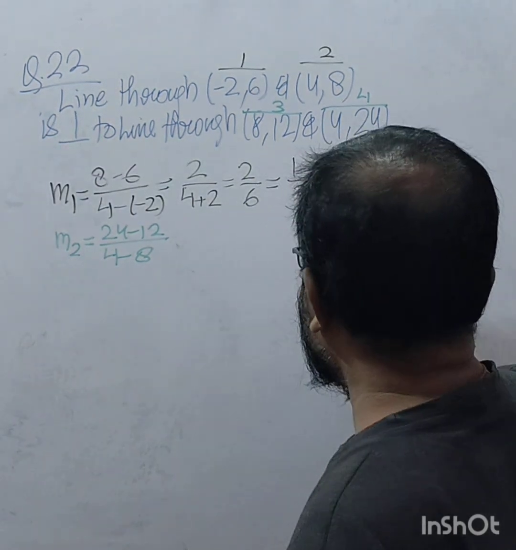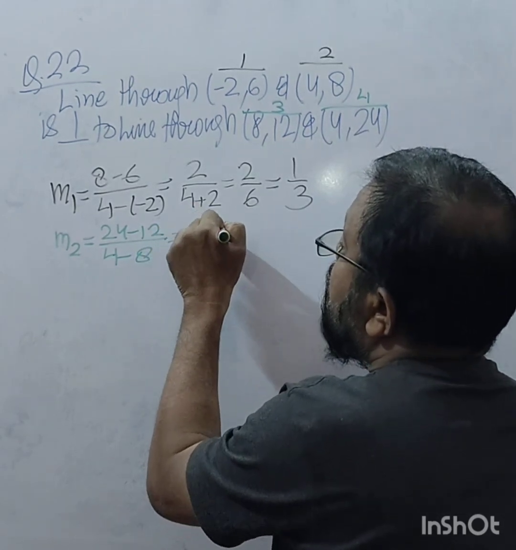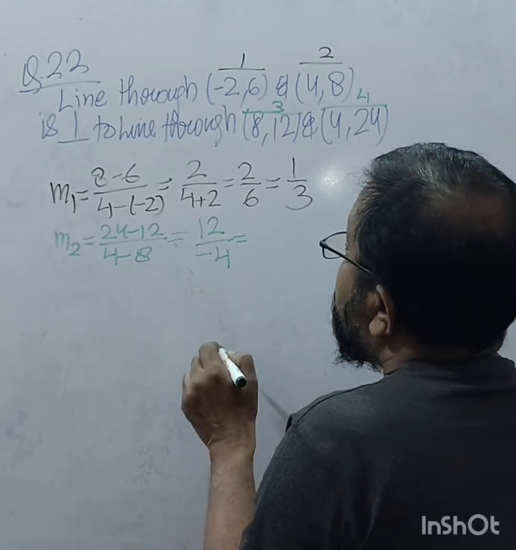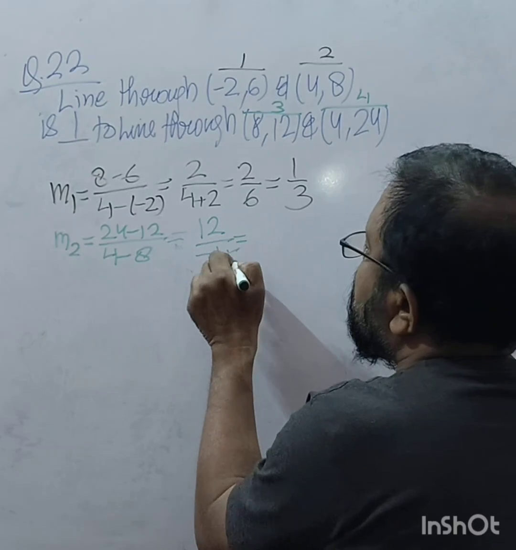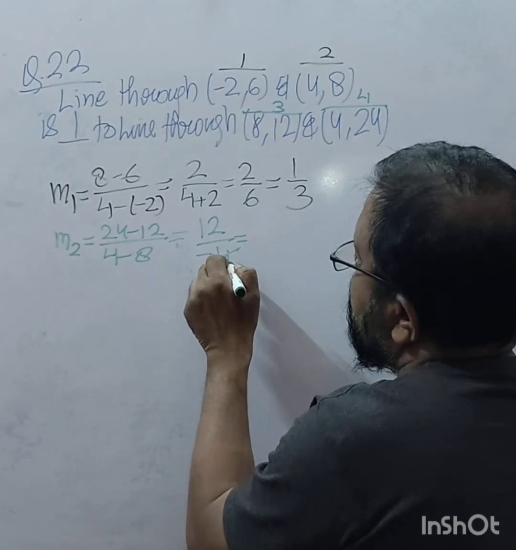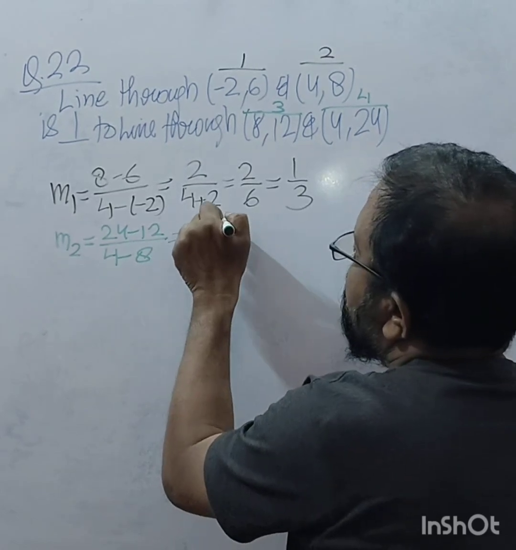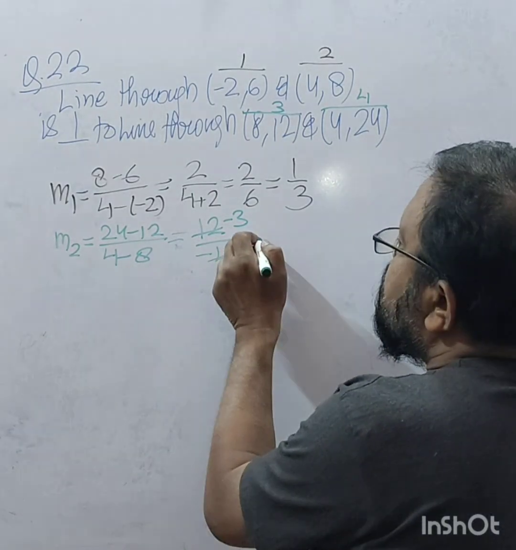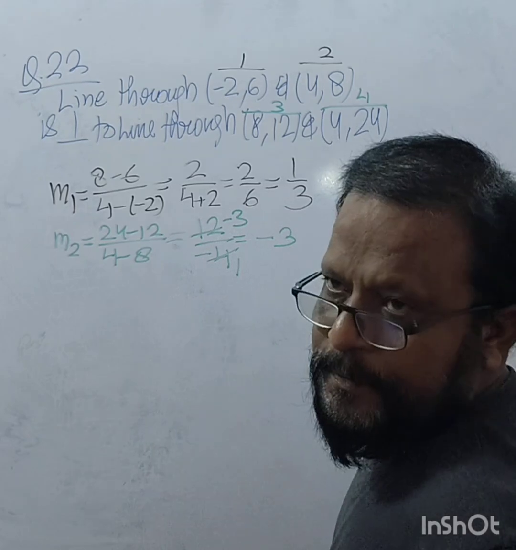So it becomes 12 upon minus 4. If we divide both sides by minus 4, it is 1 and it is minus 3. So it is minus 3. Right?